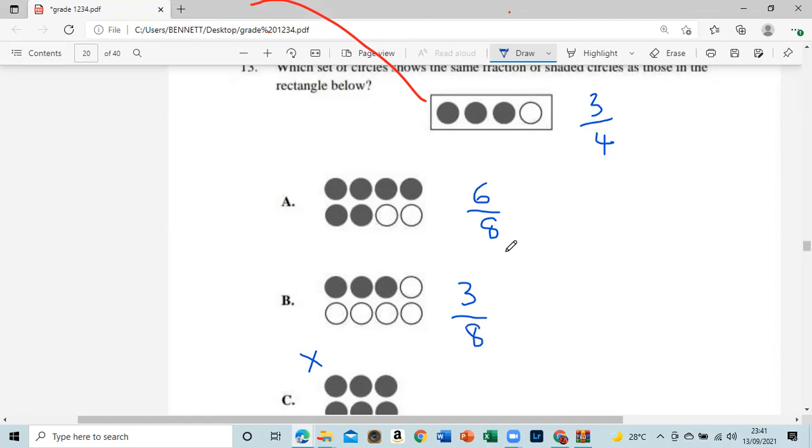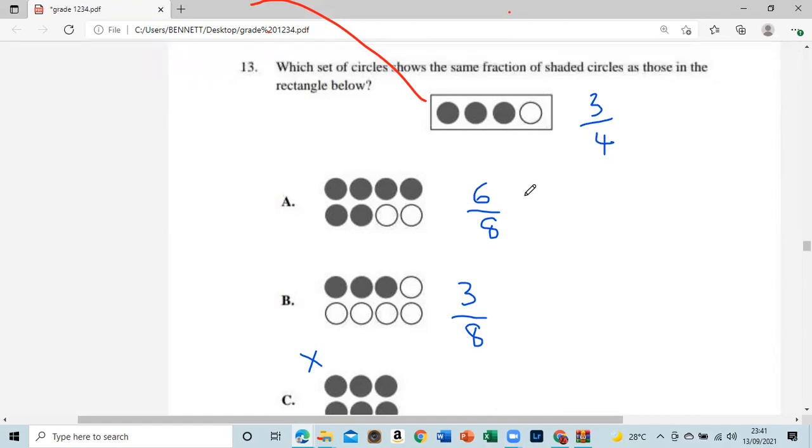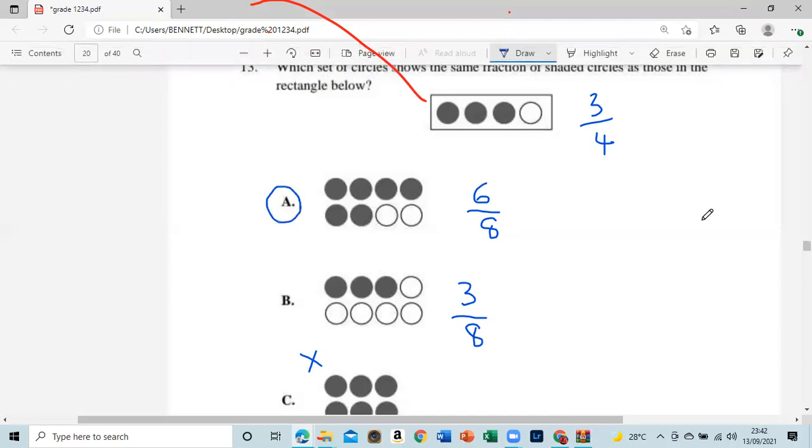Is 3 over 4 the same as 3 over 8? No, it's not. So it is 6 over 8. And if I check it, I break this down to its lowest terms. Just imagine you have 8, you have 4, and you take out 3. Take out another 4, and you take out another 3. So 3 plus 3 is 6. So that is 8.